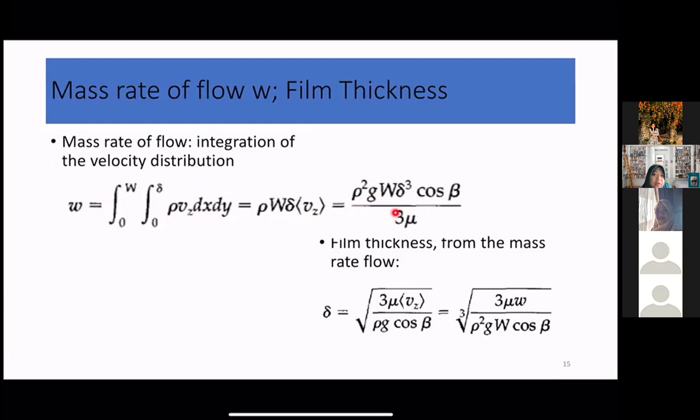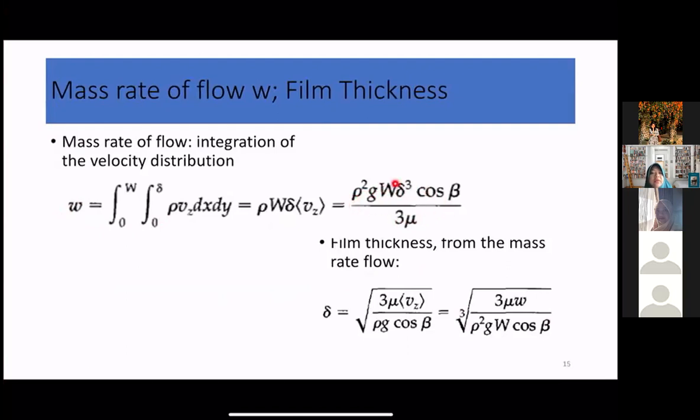And then we also can get the film thickness from the mass flow rate, just by rearranging it. Because we know that the mass rate is a function of this one, this is the equation.